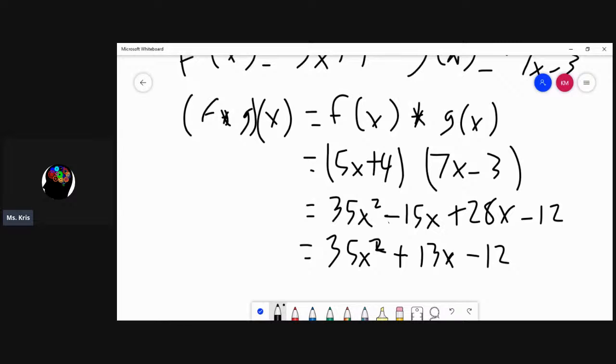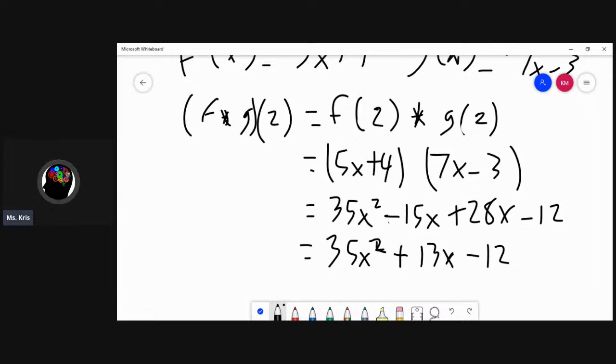Also, sometimes there may be a number. What do you do when there's a number? Well, if there's a number, you first combine the terms as requested.